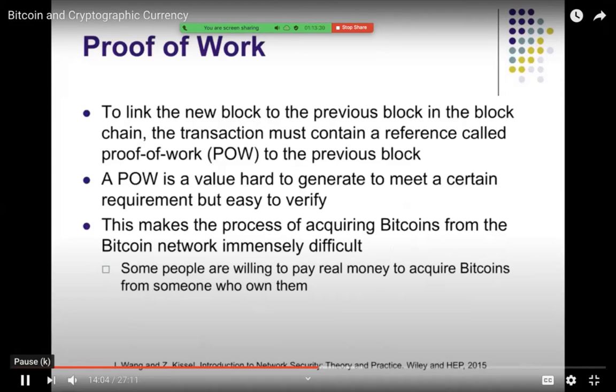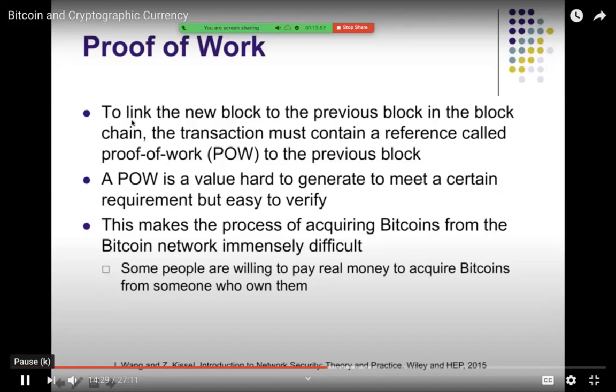Okay, so the most important part is the proof of work. So you have to show that you have found these blocks, or this set of transactions. I found a new block, and then I want to present a proof of it.